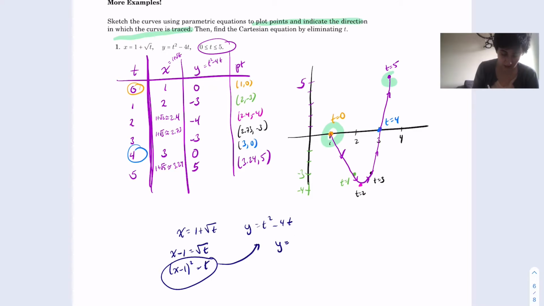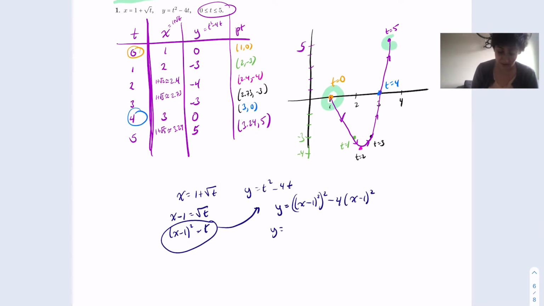I'm going to take this and plug it into the formula for y. Now I've got y equals x minus 1 all squared minus 4 times x minus 1. I can factor out an x minus 1 from both of these, so I've got x minus 1 times x minus 1 minus 4.